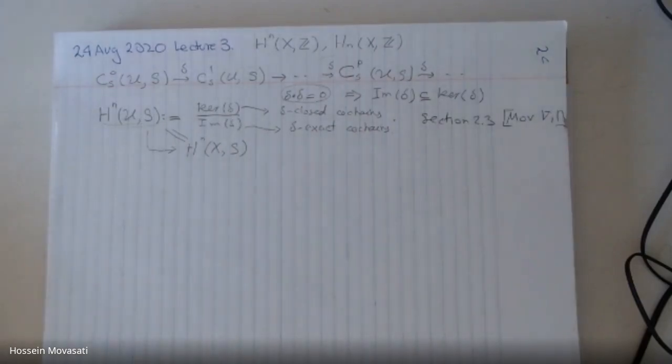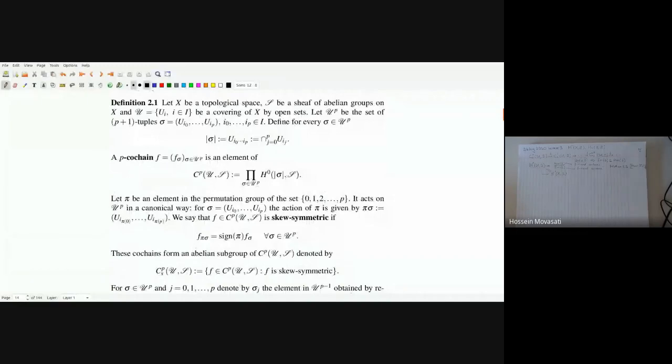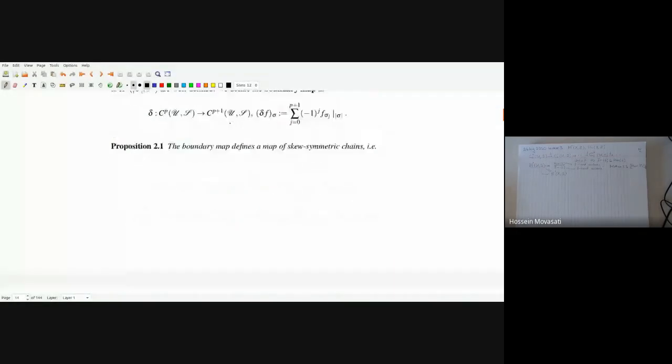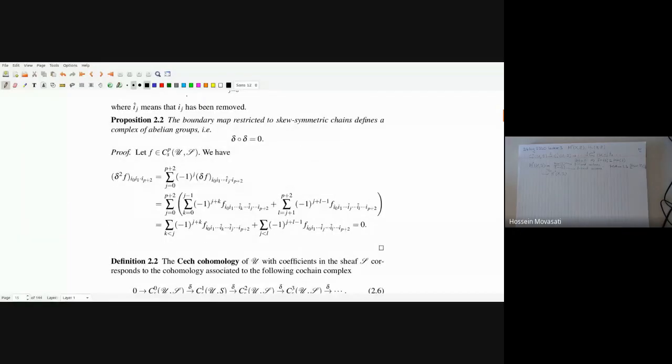The proof of this, delta composed with delta equal to 0, is kind of natural.